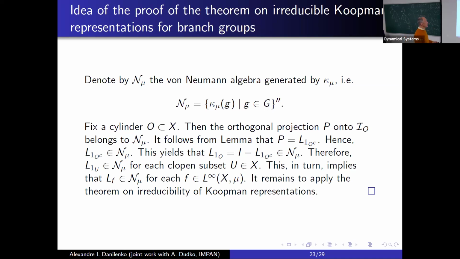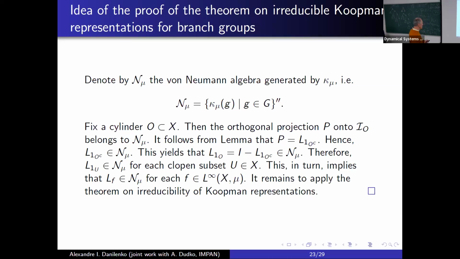But then it follows from the lemma that P is the multiplication by the indicator of the complement of O, which means that this projector belongs to the von Neumann algebra. But then the complement also belongs to this algebra.